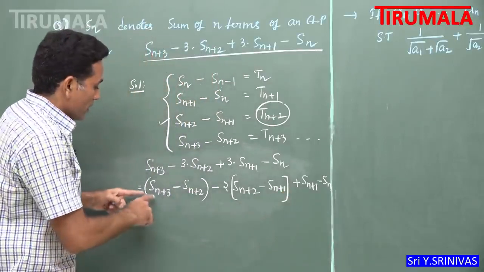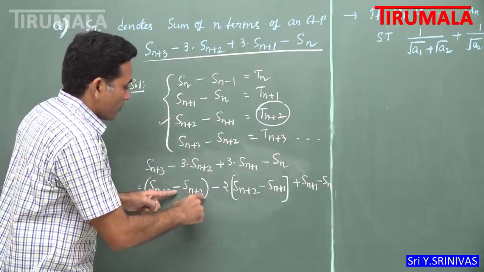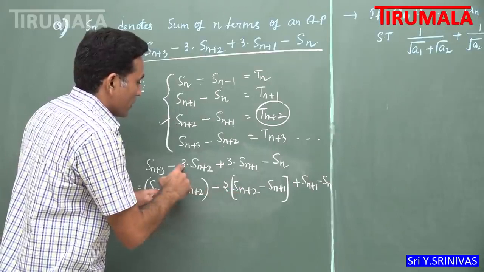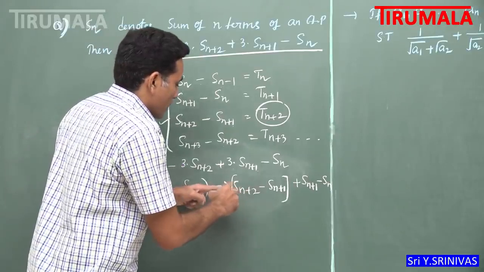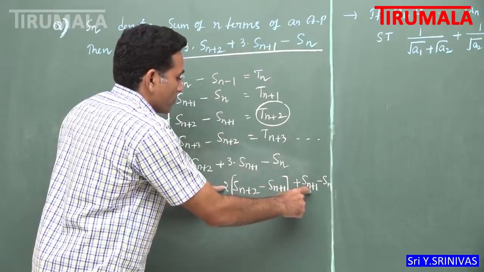Okay, students? Sn plus 3 minus 1 time the sum of n plus 2 terms, minus 2 times the sum of n plus 2 terms, total 3 times. Here minus into minus, plus 2 times the sum of n plus 1 terms plus 1 time Sn plus 1, total 3 times.